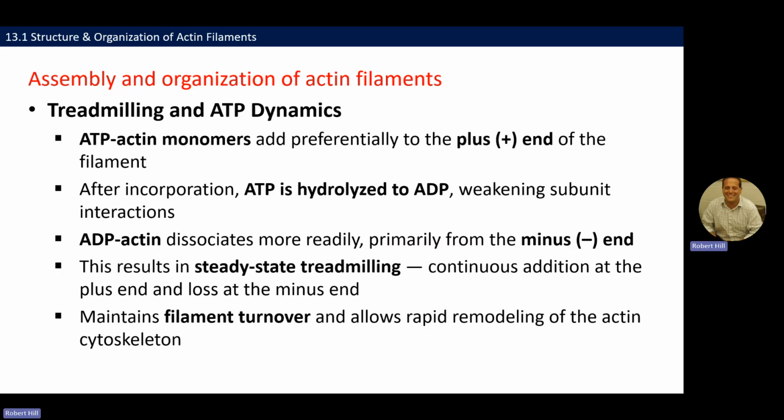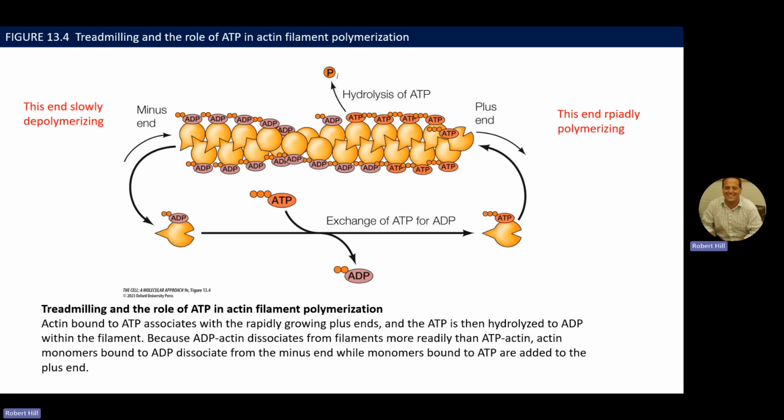And the plus end is growing more rapidly than the minus end is depolymerizing. This is like a steady state of the actin molecule that's keeping it at a particular length for a while, but then it can take off and grow. They call this treadmilling, right? It's like a turnover of the filament where you're having these ATP monomers rapidly added to the plus end, and then in general, they're more slowly depolymerizing at the minus end, and it's keeping actin in its steady state.